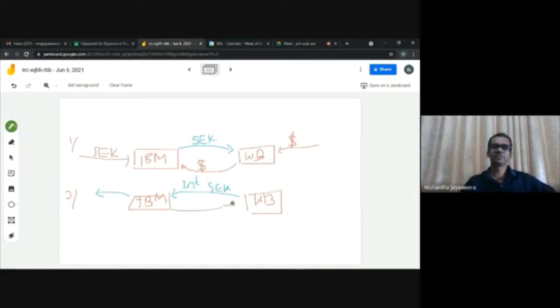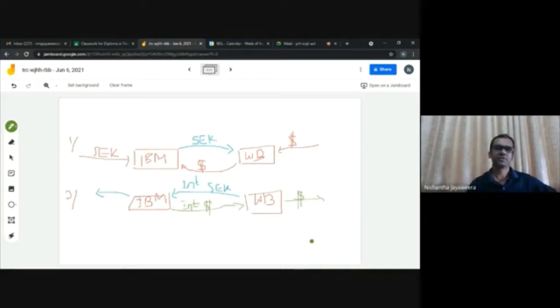IBM pays interest on dollars to World Bank. World Bank passes that to the lender in dollars.